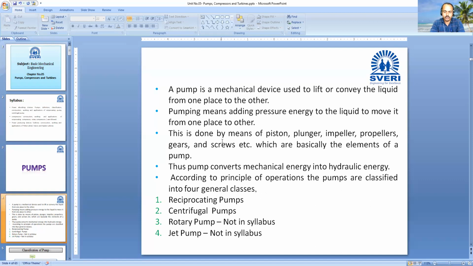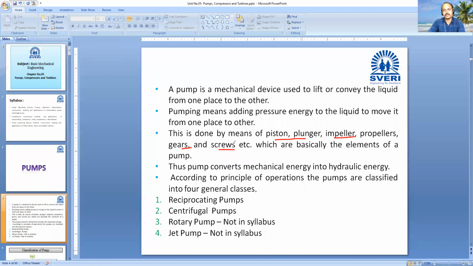It means we have to add some pressure energy with some external device, and with that we can lift water from a lower level to a higher level, or from one place to another place. This is done by means of piston, plunger, impeller. Okay. This is done by piston, plunger, impeller, propeller, gears, and screws.